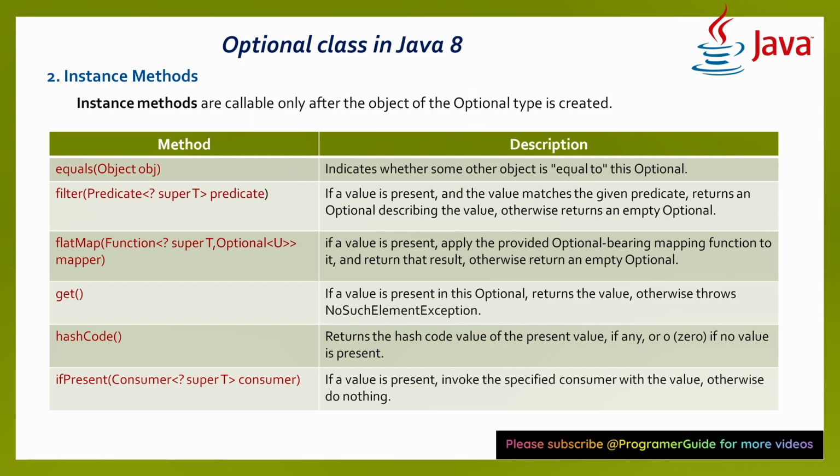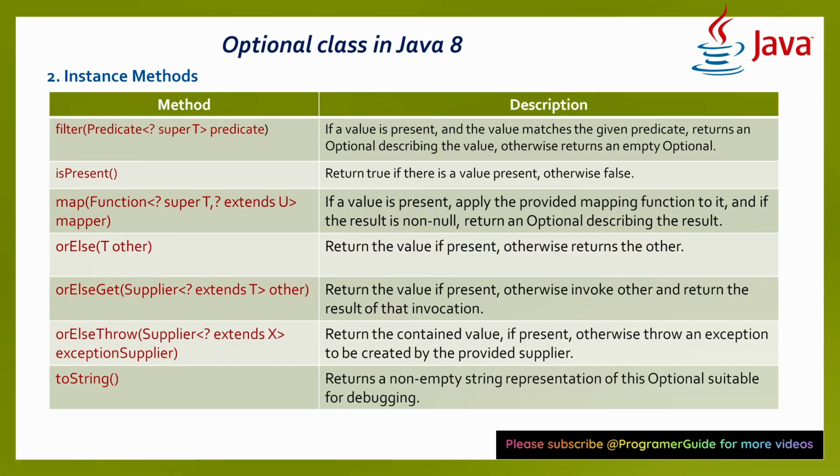equals indicates whether some object is equal to this Optional or not. filter does the conditional check on the given value. flatMap means if a value is present, apply the provided Optional-bearing mapping function and return that result, otherwise return an empty Optional. get returns the value of the Optional. hashCode also returns. ifPresent means if a value is present, it invokes the consumer on the data, otherwise it does nothing. In such a way, each and every method is there in the instance methods, so you can go through this.